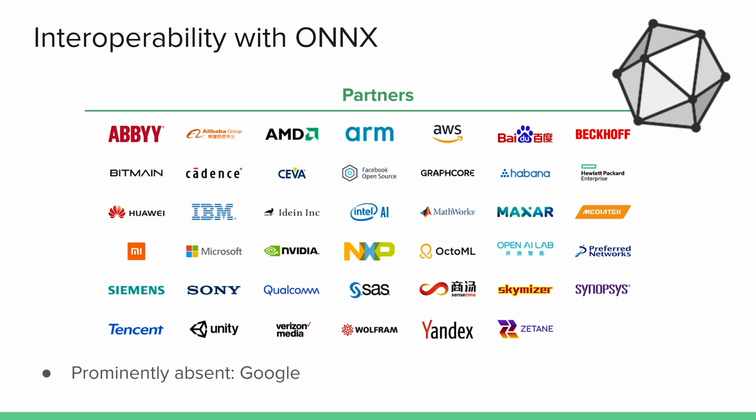So again, they opted out of this approach to make neural networks more exchangeable, which I think is very unfortunate, because lots of people are using TensorFlow and it would be beneficial in both directions to have people come to TensorFlow, and people training in TensorFlow and then using it with other tools, if they would join this effort. But let's see, maybe they will join it in the future.